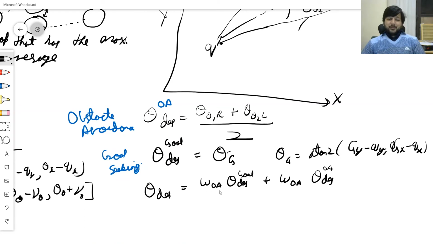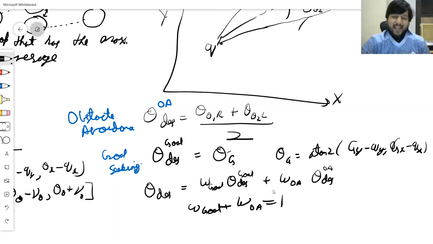So W OA times this behavior plus W goal times this, where W goal plus W OA is equal to 1.